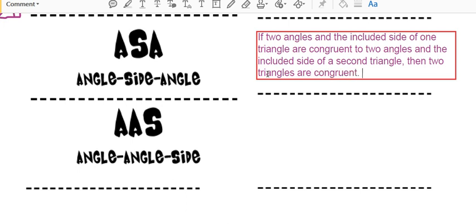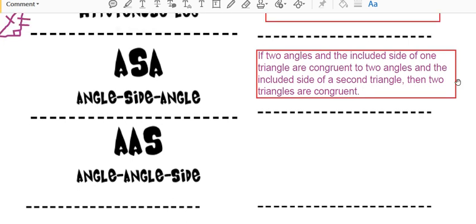So again, if the two angles and the included side of one triangle are congruent to two angles and the included side of a second triangle, then the two triangles are congruent. So go ahead and pause and get that down.